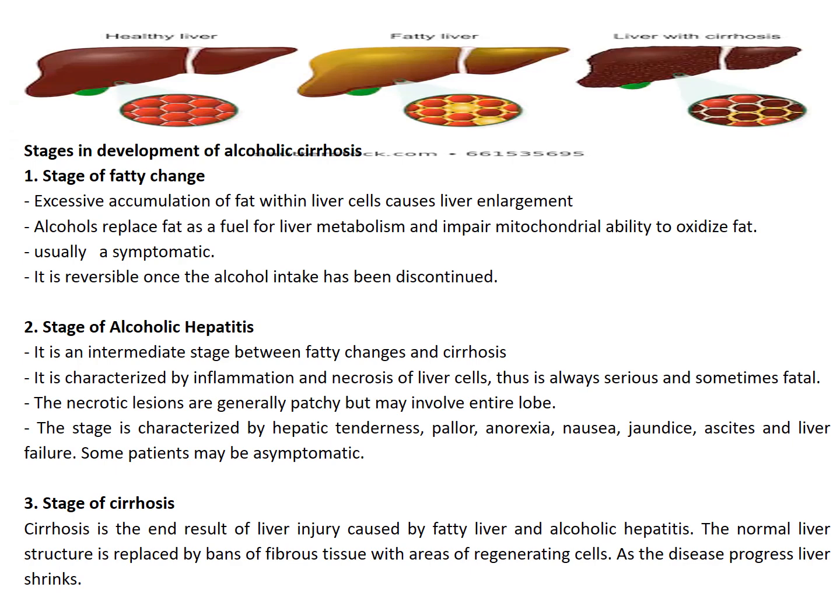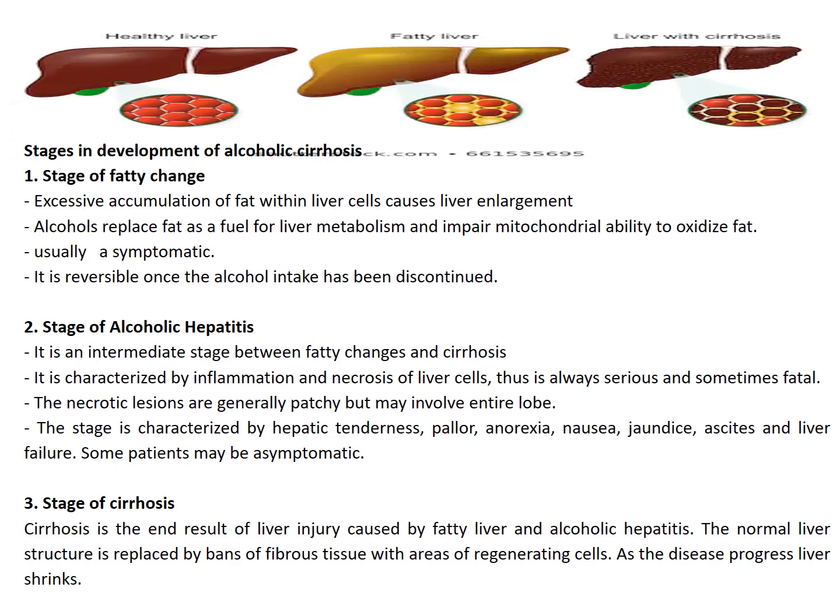The necrotic lesions are generally patchy but may involve an entire lobe. This stage is characterized by hepatic tenderness, pallor, anorexia, nausea, jaundice, ascites, and liver failure in some cases. But some patients may be asymptomatic in this stage.